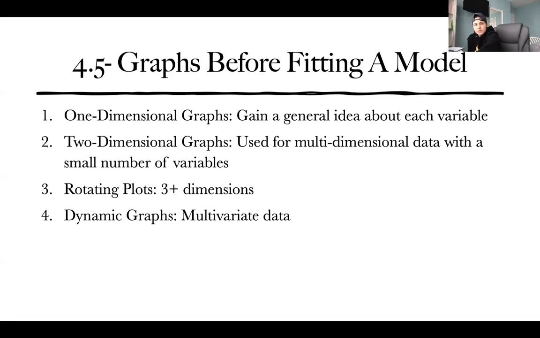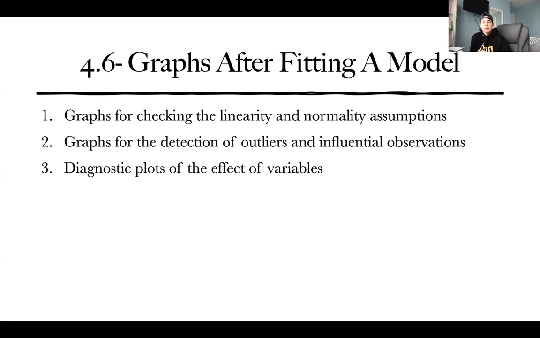All right, the next section is going to talk about the other type of graphs, which are graphs after fitting a model. These are used to check assumptions and assess the adequacy of the fit. They are grouped into the following classes, as you can see on the PowerPoint.